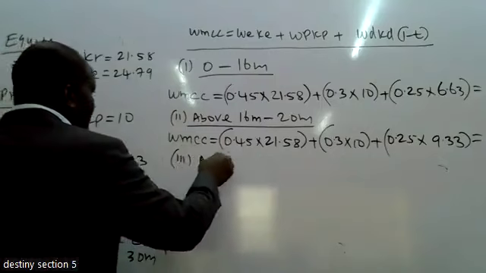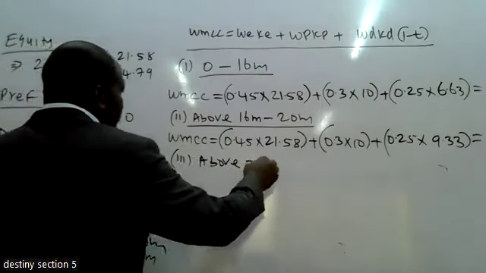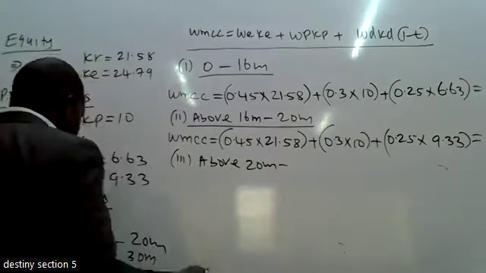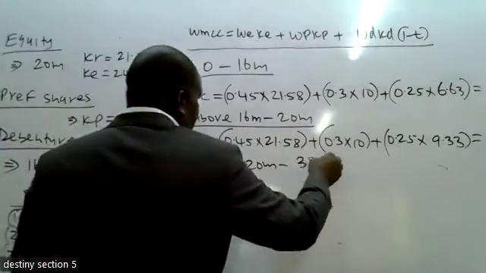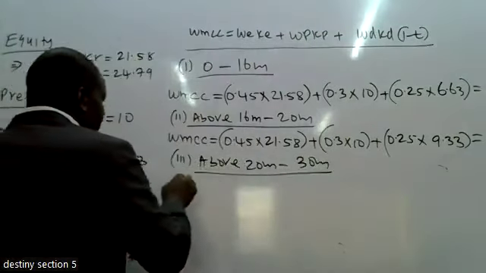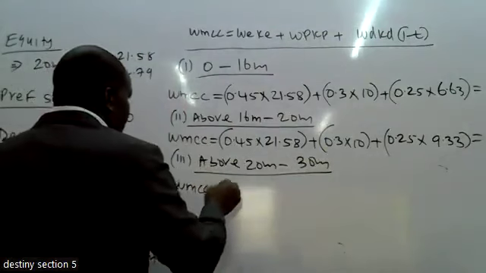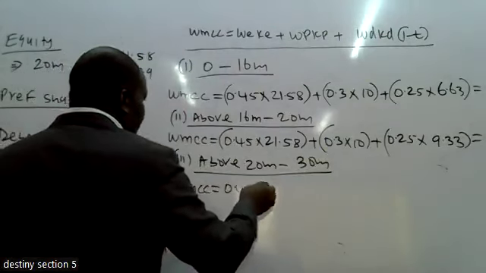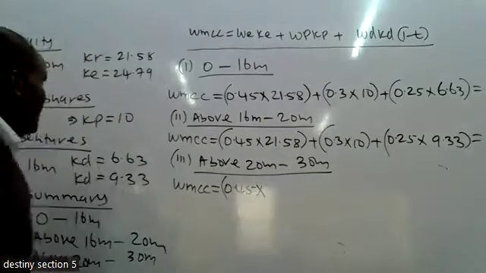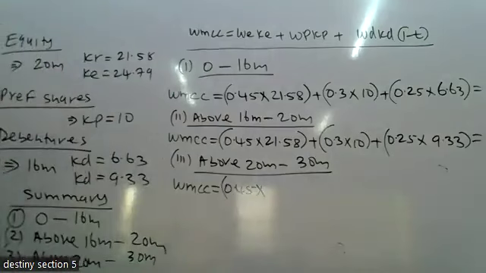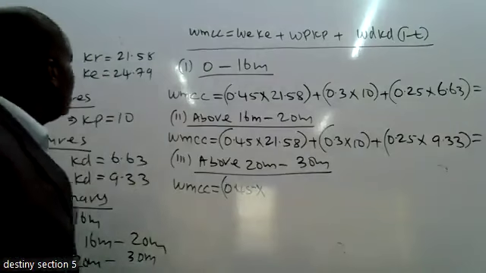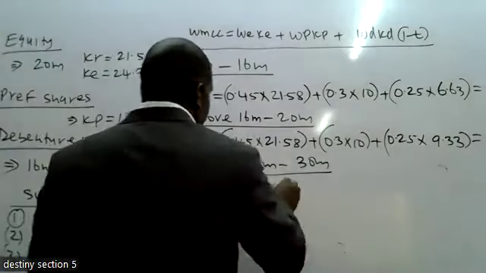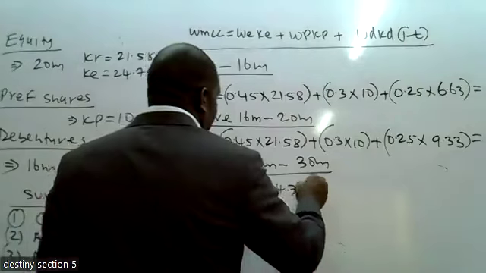The third one is now above 20 million. So the WMCC is 0.45. So this time around, we are above the 20 million. So when you are above the 20 million, we shall change to 24.7.